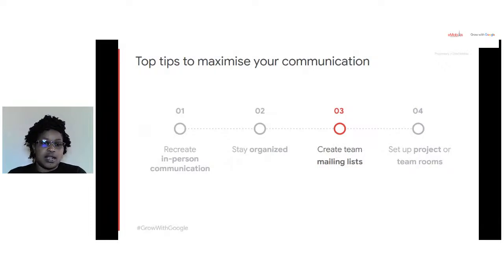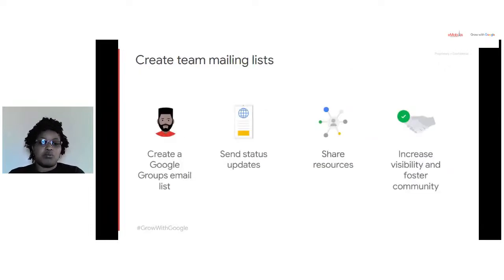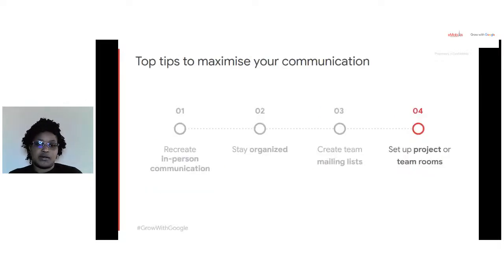And then the last ones. Create a team mailing list. Remember, we said that with Google Workspace, you can create a team mailing list, like maybe sales at aidensmatunda.com. So you can create team mailing lists, you can send status updates. You can also CC them into their mails and share resources, and that will help also to foster community.